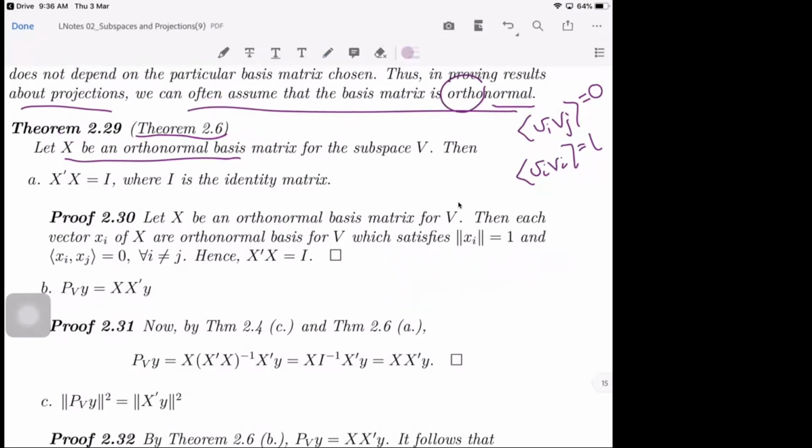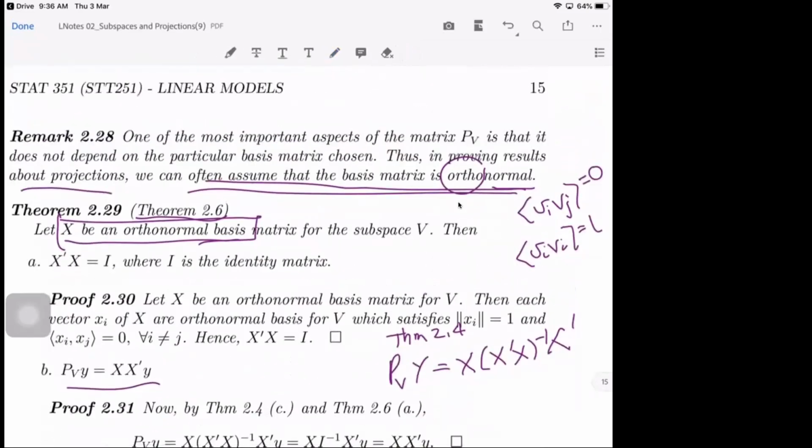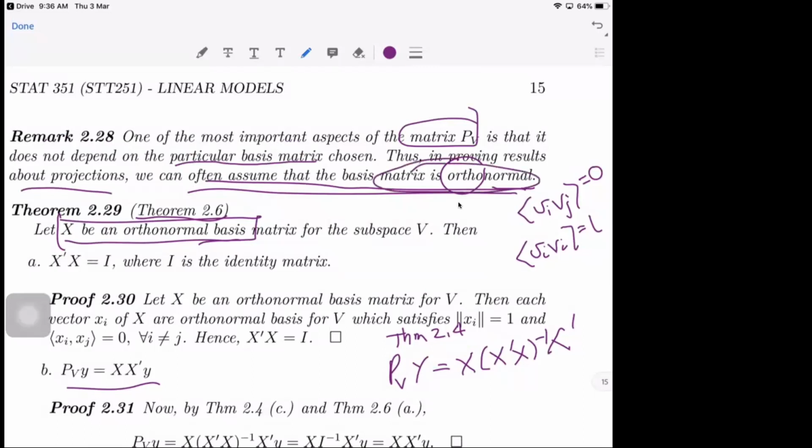So if in particular our basis matrix is orthonormal, because of this remark, no? One of the most important aspects of the matrix PB is that it does not depend on a particular basis matrix chosen. Thus, in the rest of our discussion here, we will assume that our basis matrix is an orthonormal basis matrix.